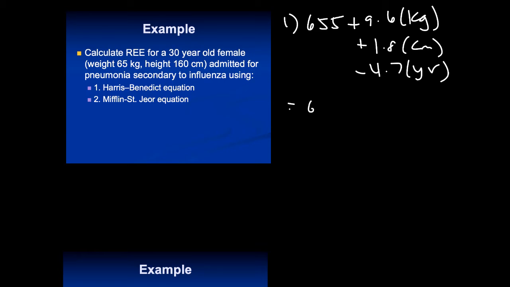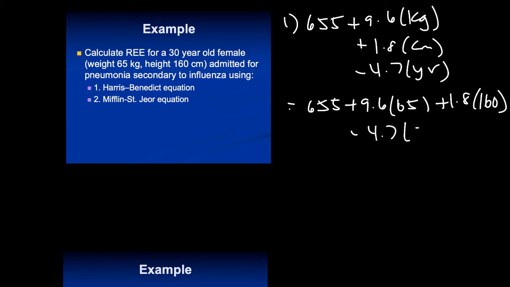So this girl is 655 plus 9.6 times 65 kilograms, plus 1.8, she's 160 centimeters, minus 4.7, she's 30 years. That should give you 1426. So resting energy expenditure using the Harris-Benedict equation is 1426.